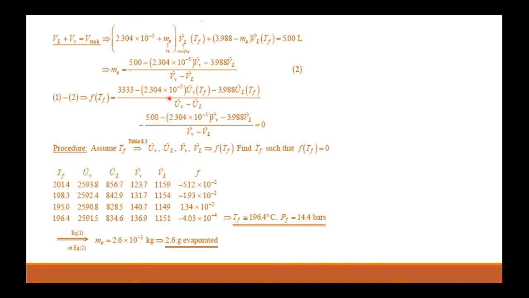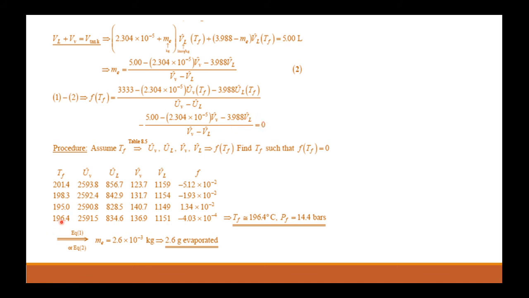Substitute the values into this equation and solve for your F. Now in this case, how do we know when we get the correct answer for the final temperature? It is when you substitute your U, V, UL, VV, and VL into this equation, we will get the value to be very, very close to 0, or it could be 0.